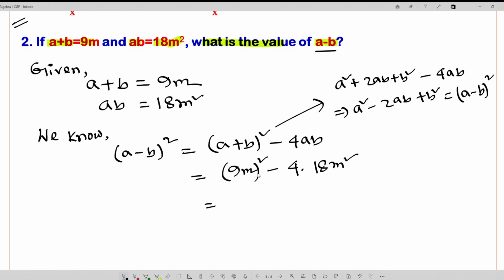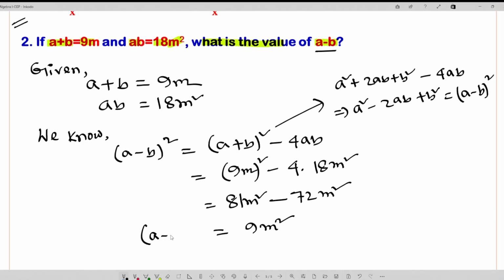Now here is 9 times 9, it means 81. 9 square means 81 m square, minus 4 times 18. 4 times 18 is 72 m square. So once we subtract from 81, we will get 9m square.